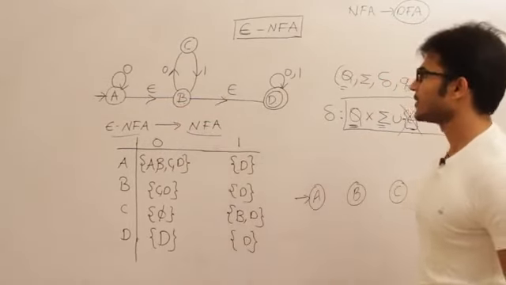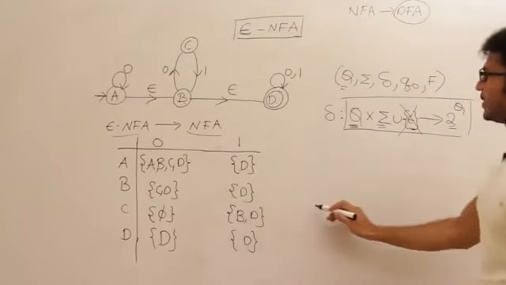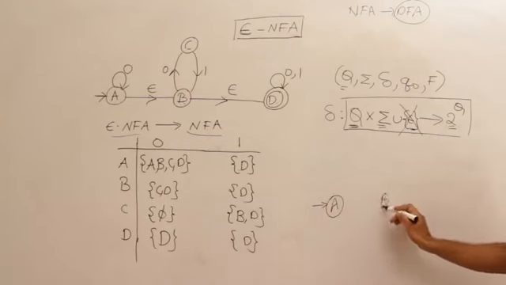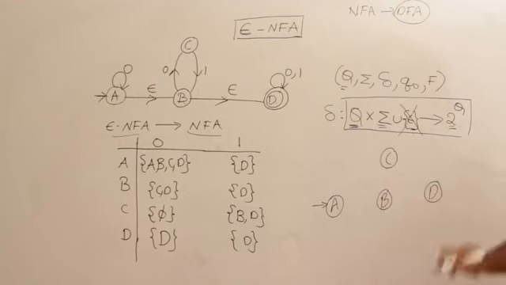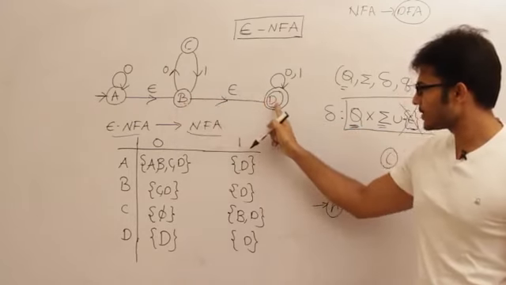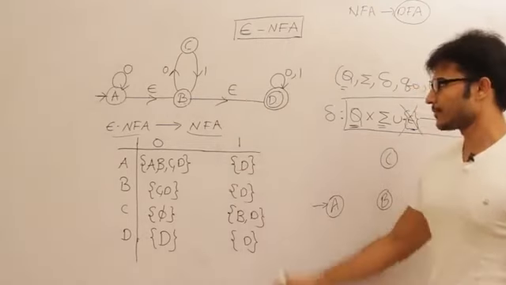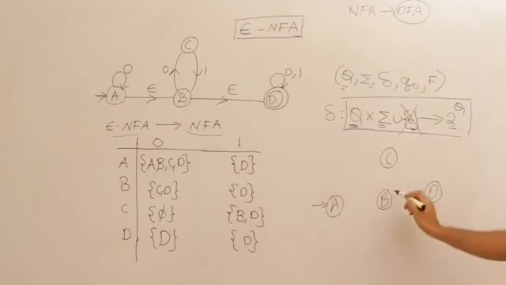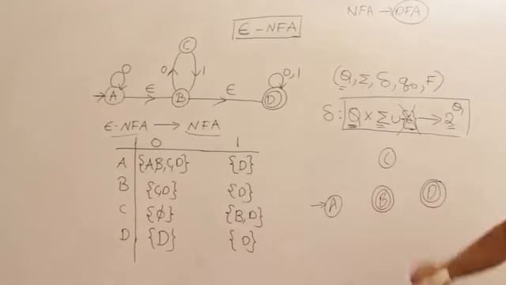So in this given question, let me draw it the same as the epsilon NFA: A, B here, C here, and D here. If some state can reach the final state only on seeing epsilon, then that state is going to be a final state. In this case, B can reach D only on seeing epsilon, therefore B is also going to be a final state. D is already a final state, now B is a final state.